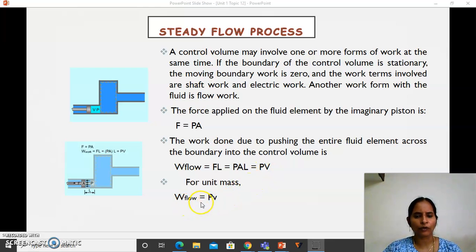So the flow work, or flow energy, is equal to the product of pressure and volume. Pressure is force per area, so force into length L gives P times A times L, which is PV. So flow energy is PV.